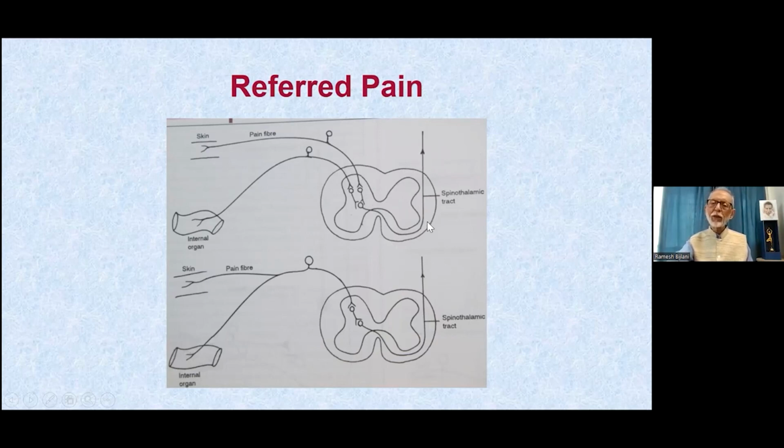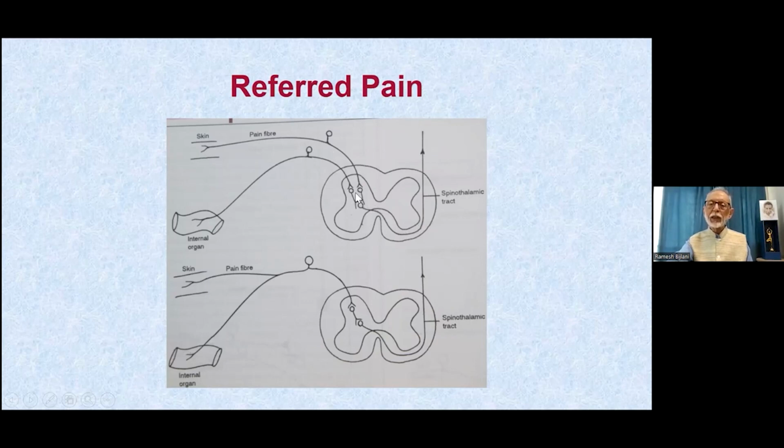In the same way, pain from the gallbladder goes to that part of the spinal cord from where painful messages come normally from the shoulder tip on the right side. And therefore, the pain is more likely to be felt on the right shoulder rather than in the gallbladder.